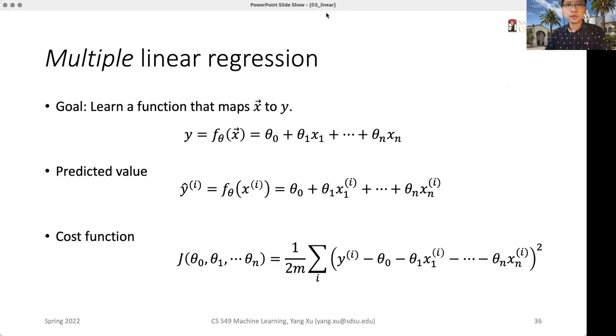Within the square term, we have the actual value minus the y hats. I see a direct message, yes, it's a yes: yi minus y hats. The only difference is that the equation is longer.